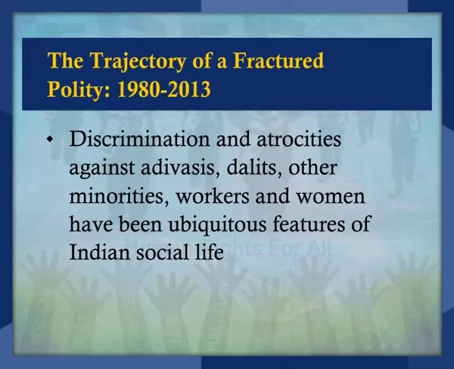Consequently, discrimination and atrocities against Adivasis, Dalits, other minorities, workers and women have been ubiquitous features of Indian social life. Several laws, policies and institutional mechanisms have been put in place to prevent such violence, but it persists, sometimes with the connivance of state personnel and agencies.